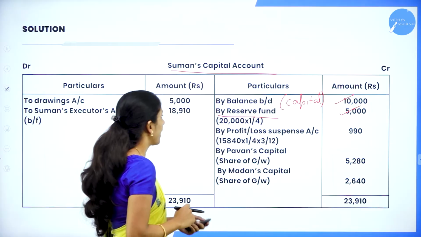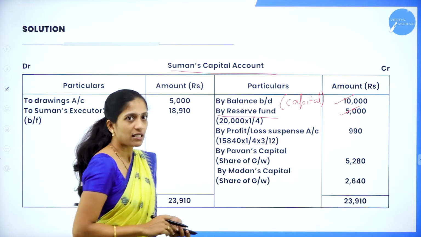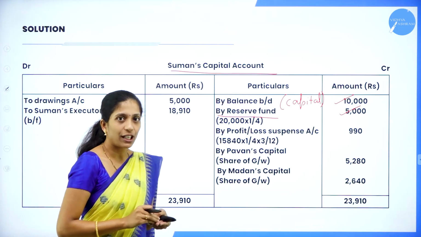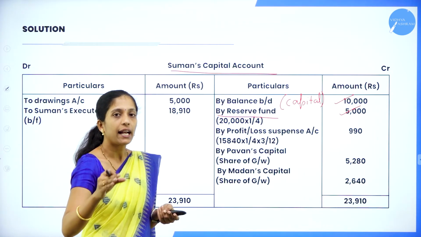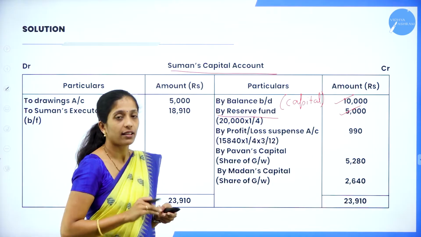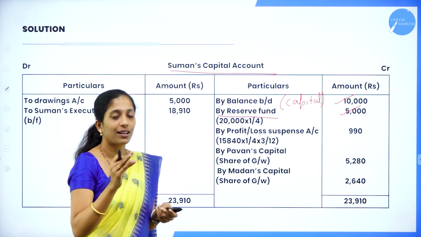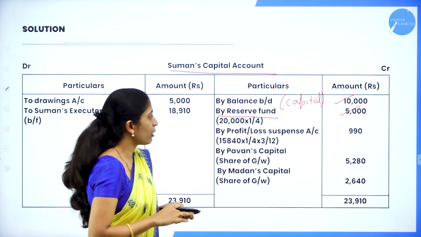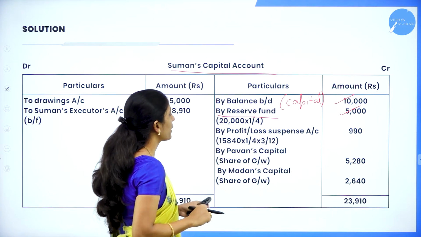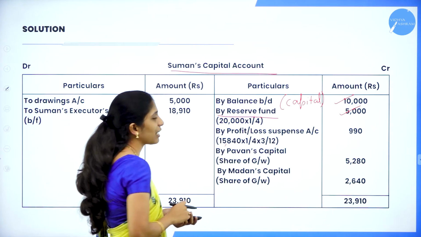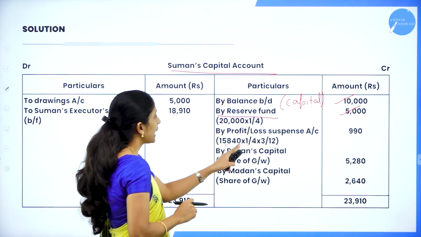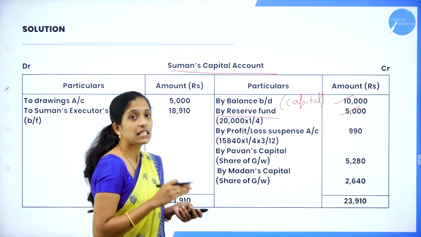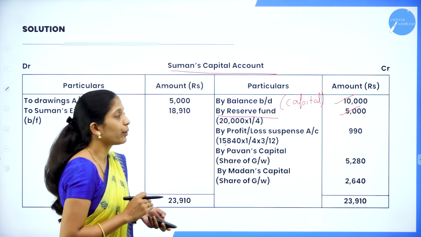So let us see how we have done by profit and loss suspense account. So as I've told you, from the beginning of the financial year till the date of death, the amount of profit during that period is called profit and loss suspense account. For how many months she was there in the business? Only 3 months.